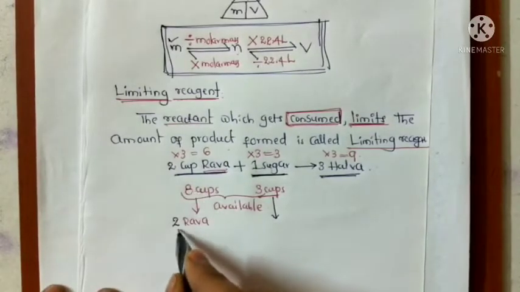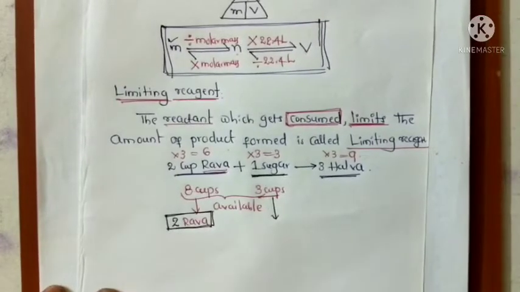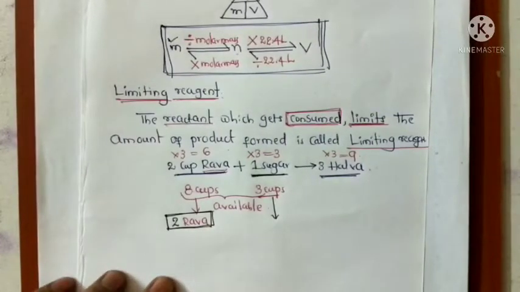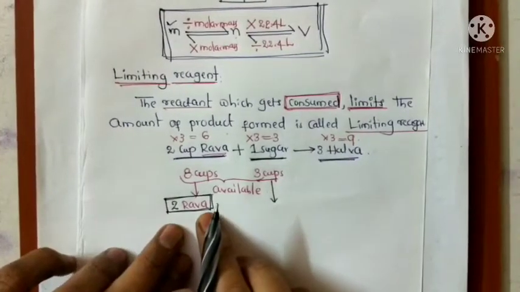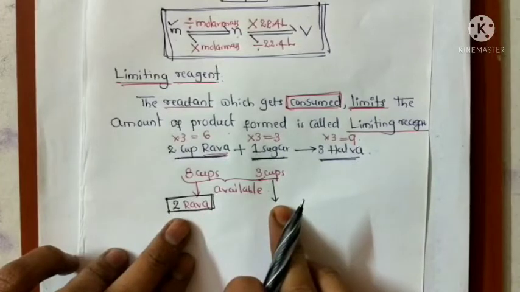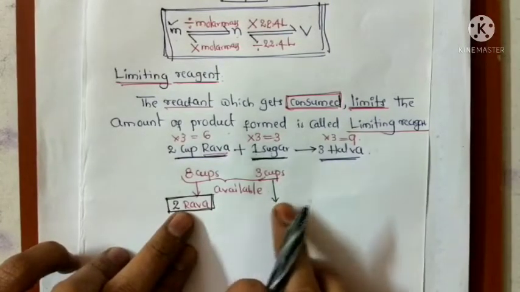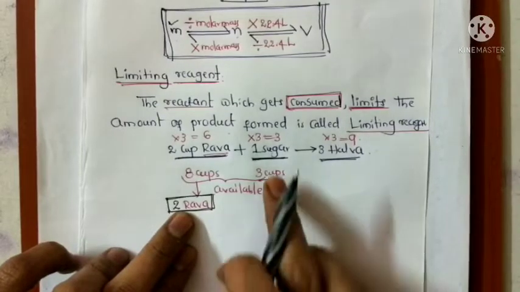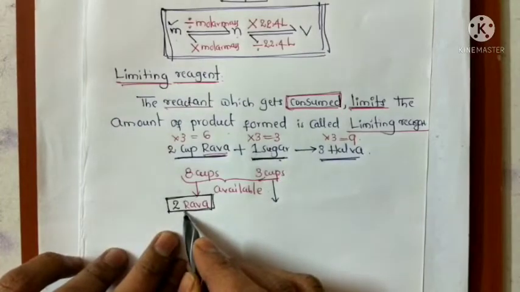The remaining rava does not participate in the reaction, because there is no sugar left. If the sugar were there, this rava could react with the sugar to form halwa, but the sugar is completely consumed and the rava is left.